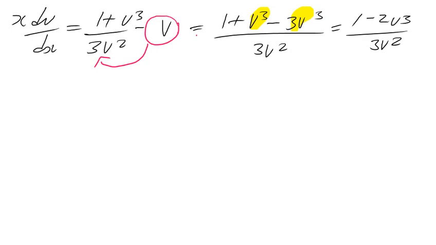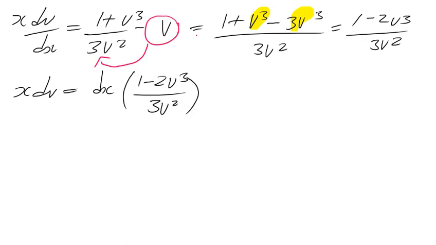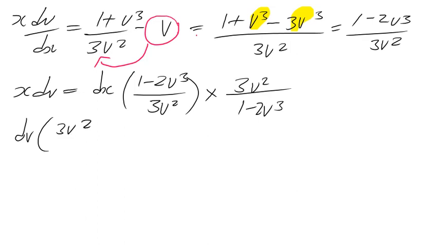Now there's nothing more you can do, so you group the like terms. You'll have x dv equals dx times 1 minus 2v cubed divided by 3v squared. Then you take this to the other side, and you'll have dv times 3v squared over 1 minus 2v cubed equals dx over x.